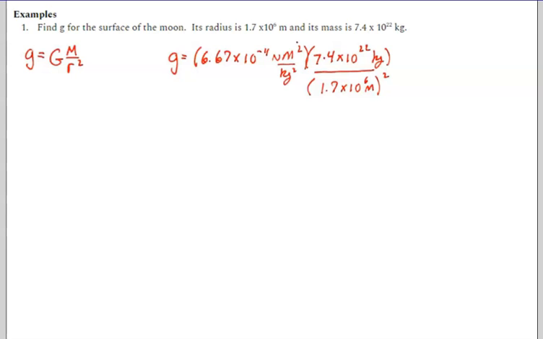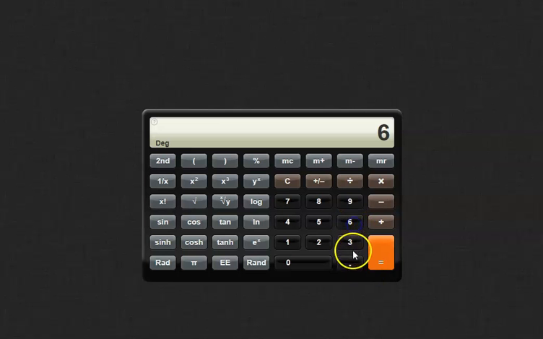So like we did before, we'll multiply the top of the fraction first and then we'll do the bottom. So we have 6.67 times 10 to the negative 11th times 7.4 times 10 to the 22nd, which gives about 4.9 times 10 to the 12th.